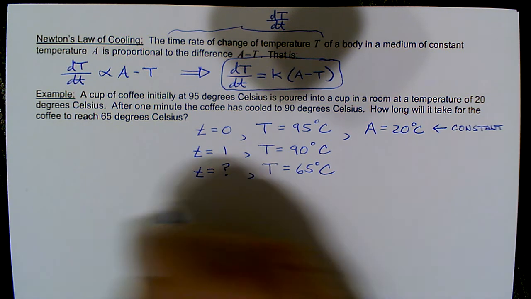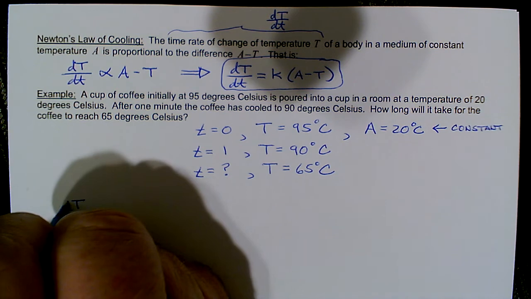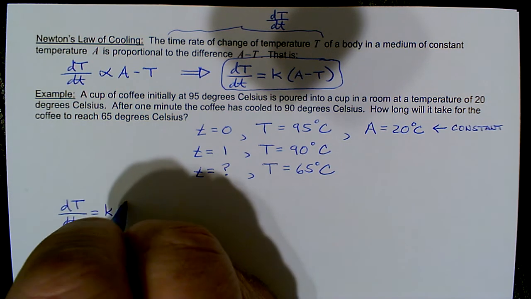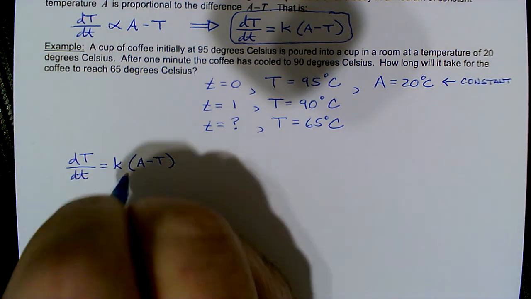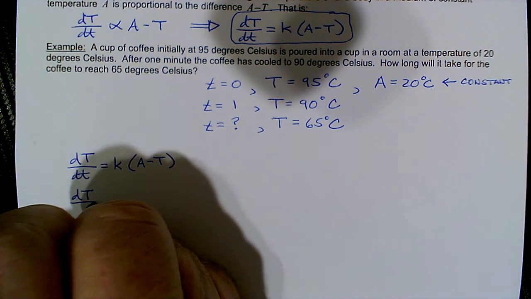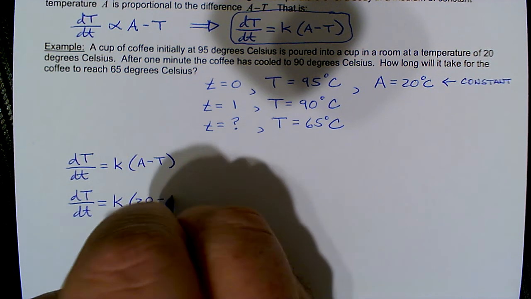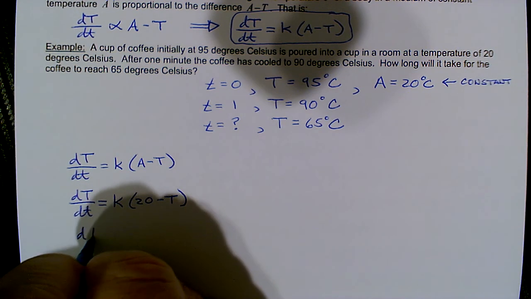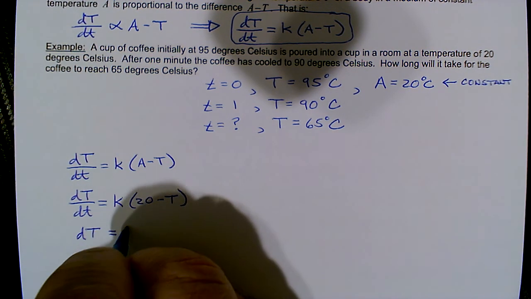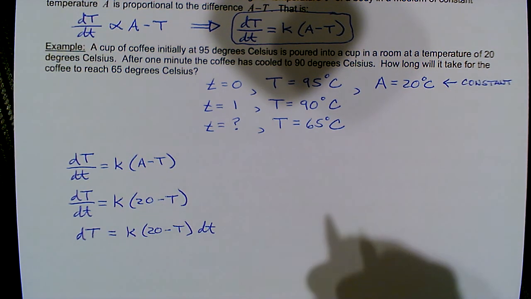Okay, so we start with the differential equation. The time rate of change of temperature is k times the difference between the ambient and the temperature. The ambient is a constant, so we can substitute it. Note that the temperature uppercase T is always changing. Excuse me. I need to separate the variables. So the differential of uppercase T is k times 20 minus uppercase T times the differential of time.